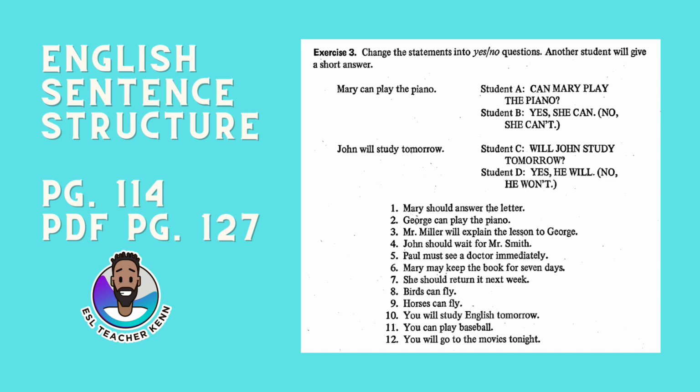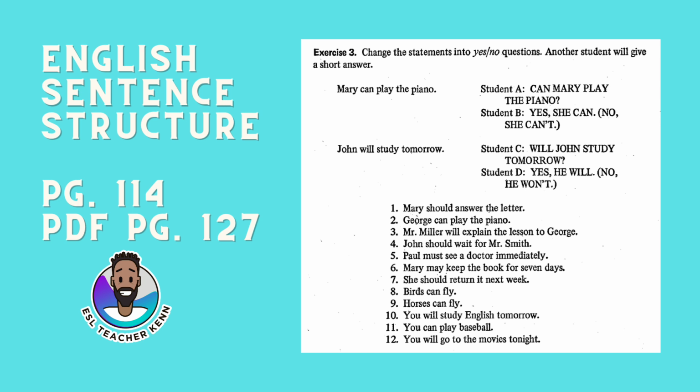We're going to create both the question and the answer when we are working on this exercise. And what I want us to do is to answer one in affirmative and one in negative. So one will be yes and the other will be no.